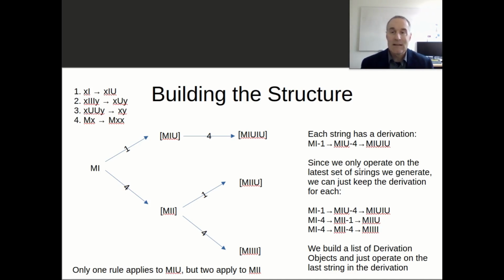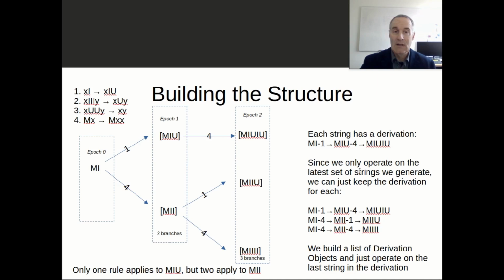So we're building this set of derivations, and each time that we run through all of our strings, we're getting more and more of these derivations. This is a critical feature of this algorithm. It expands over time. We get more and more options. And we might call each of these iterations through all of our current strings an epoch.